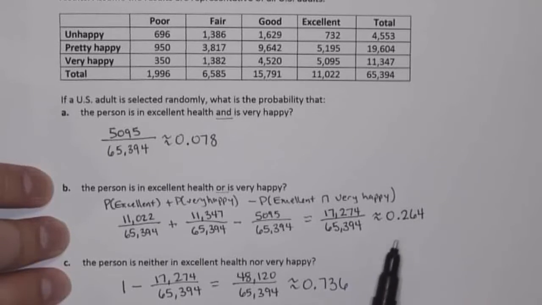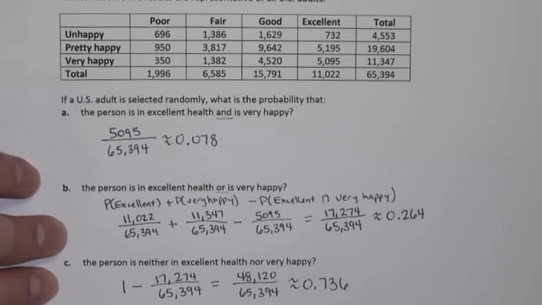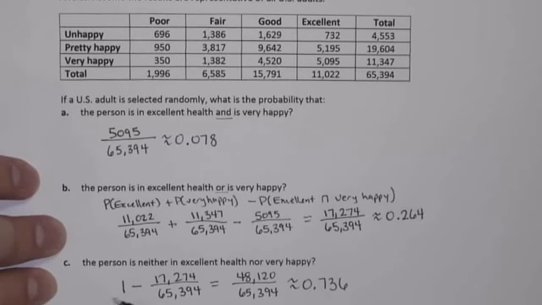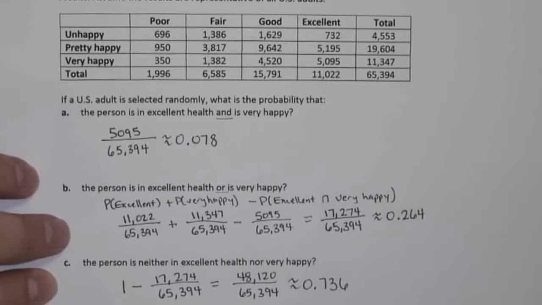So I could have found that directly using the decimals. So the probability that the person is neither in excellent health nor very happy is 0.736. And again, the simplicity here is to recognize that this is the complement of this.